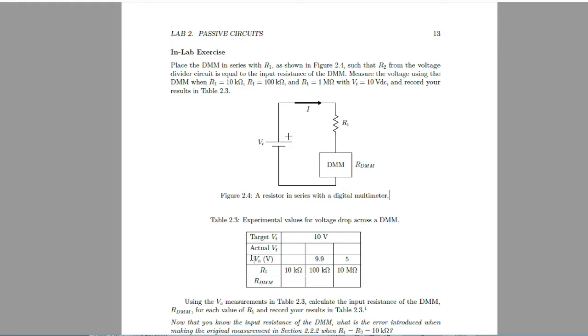By using the voltage drop across the resistor, we can find what its resistance is, which is what we're going to be asking for here. So we're going to give you voltage drops, values for R1, and input voltages. We want to know what the calculated resistance of that multimeter has to be.